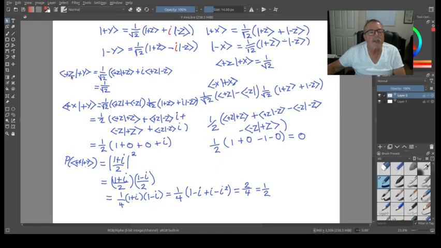So the z projected on the y-axis is just going to give us 1 over square root of 2. I think that's what we expected. Because look, z, y, 1 over square root of 2, z, x, 1 over square root of 2. Now, to prove why this i is necessary, let me go through and do an x projected onto the y-axis.